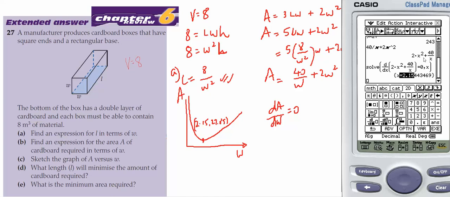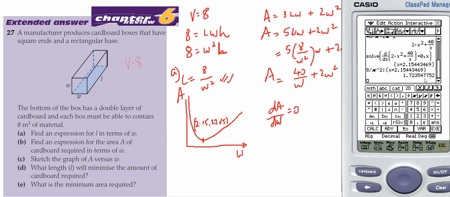I know that length equals 8 divided by x squared.